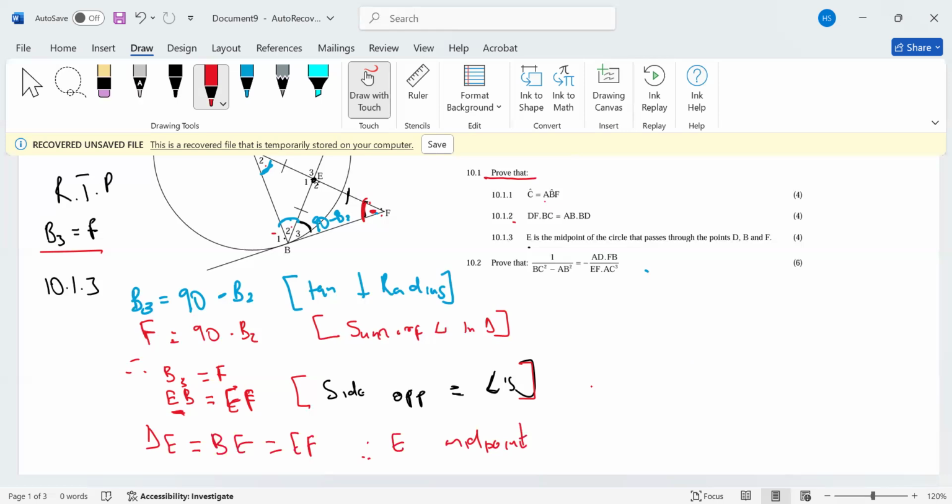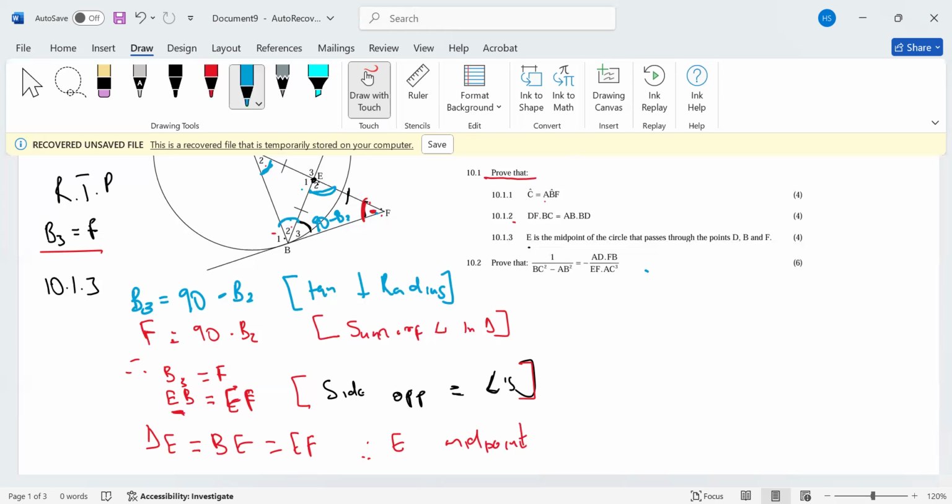I prefer E2 is 2 times D2. They said it's a midpoint, they didn't say it's the center.